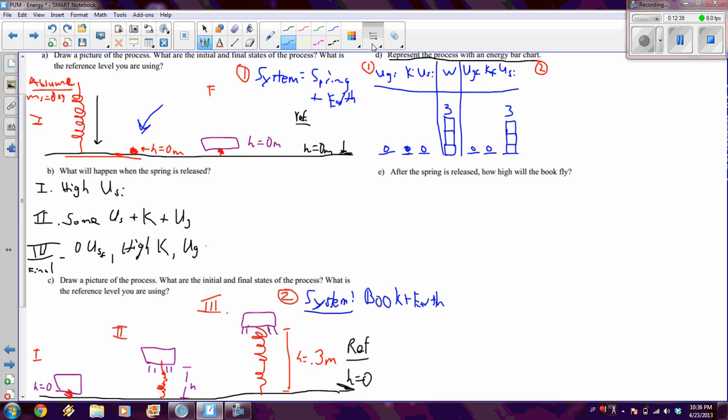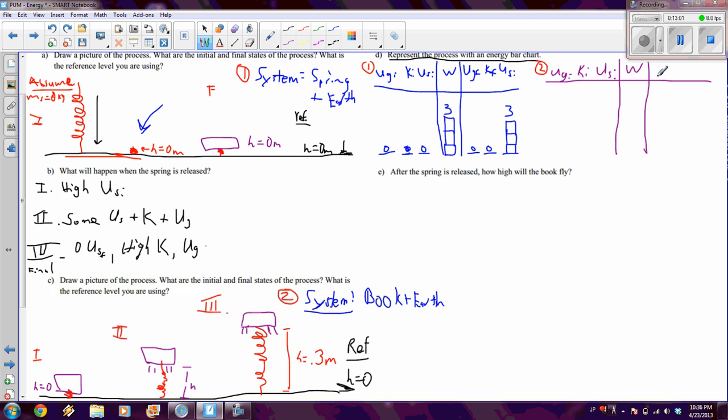So let's draw a bar chart for this book and Earth system. So again, we have initial gravitational, initial kinetic, initial spring, work.